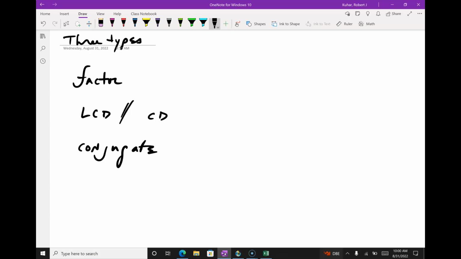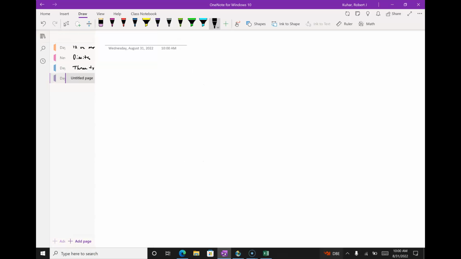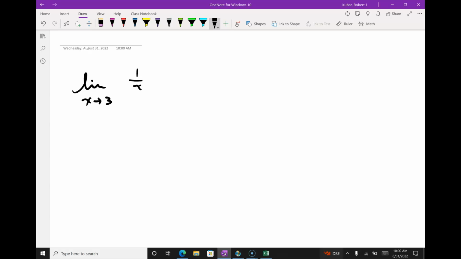Okay, you ready for an LCD problem? So here's my function, and right away I want to look at what happens when I plug in.